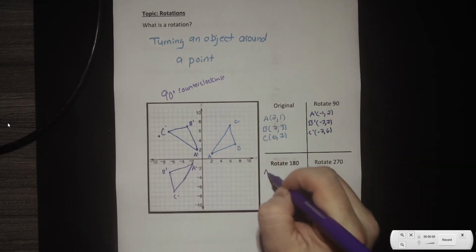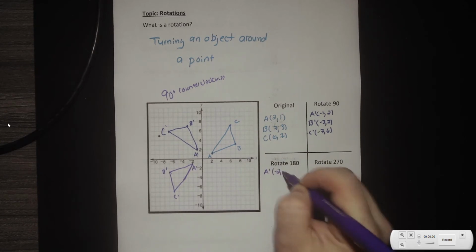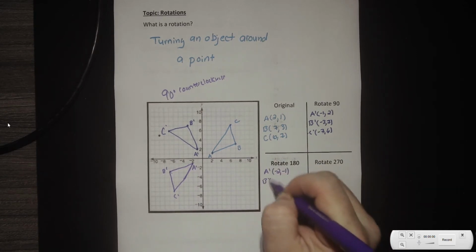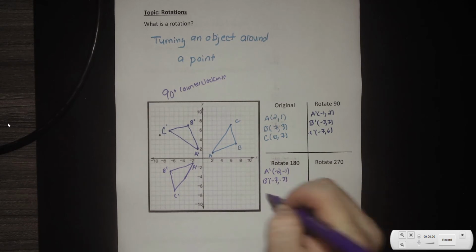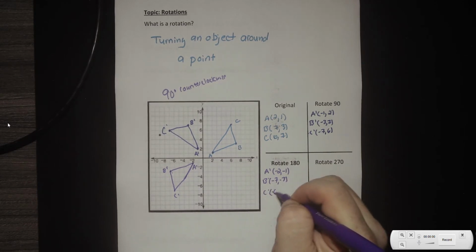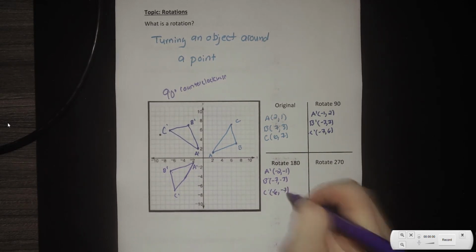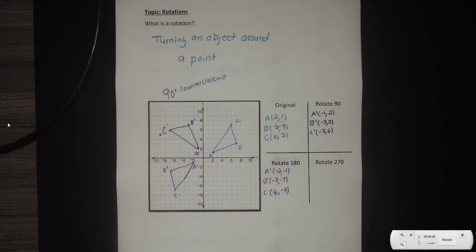And my points are going to be (-2, -1), (-7, -3), and (-6, -7). Okay, so there is a rule there. Again, we're going to talk about that in a second. We're going to go on one more time.